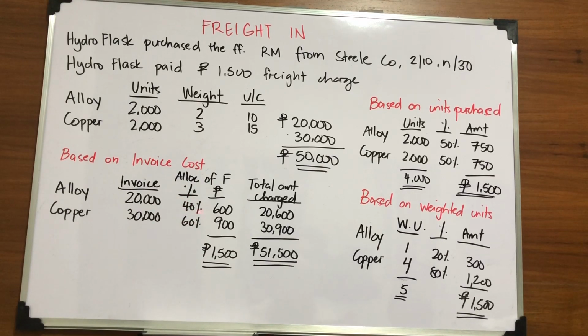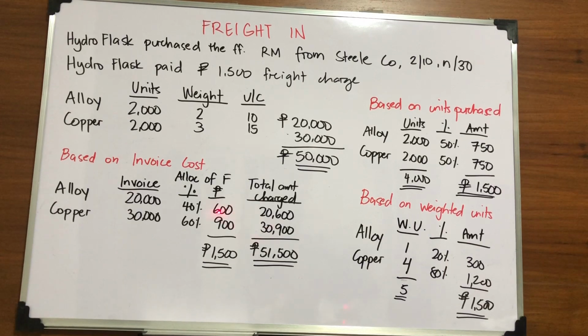So from here on, you will use this in the other determinants of how to know the allocation of freight. You just multiply your allocated percentage to the freight charge, which is 1,500. So 40% of 1,500 is 600, and 60% of 1,500 is 900.